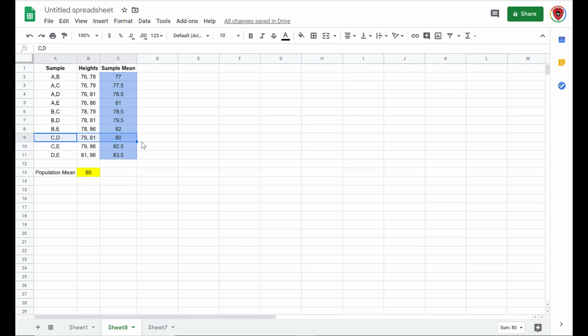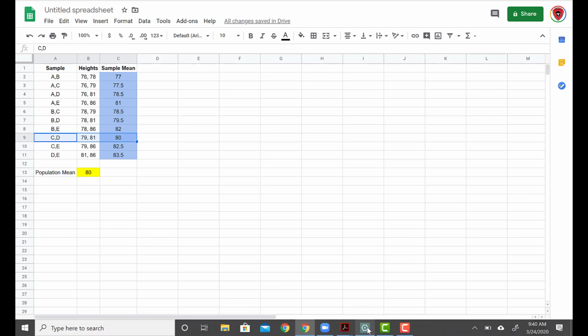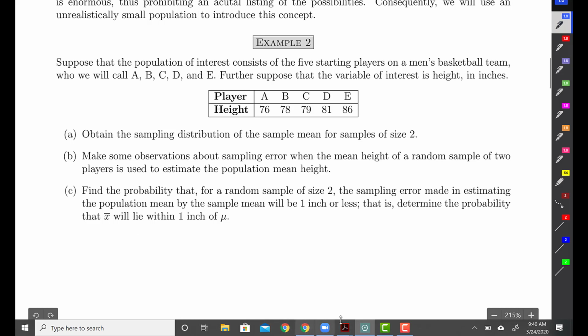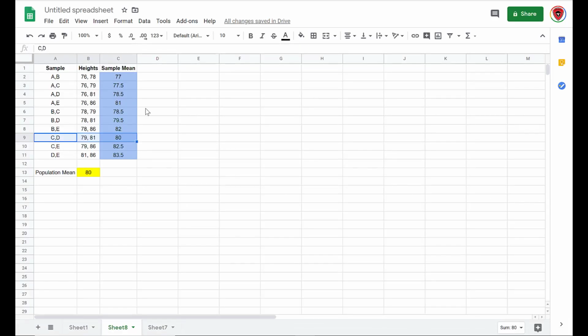We can also see that if we're looking at part C on here, find the probability that for a random sample of size 2, the sampling error made in estimating the population mean by the sample mean will be 1 inch or less. That is, determine the probability that X bar will lie within 1 inch of mu. So if we go back to the chart that we created here, we're looking for every possible sample that is within 1 inch of our population mean of 80.